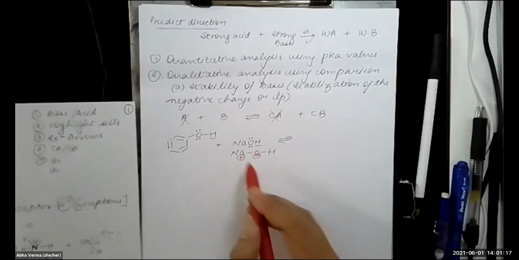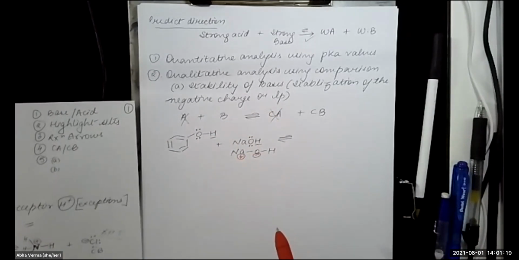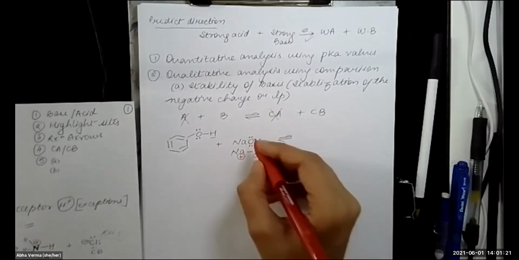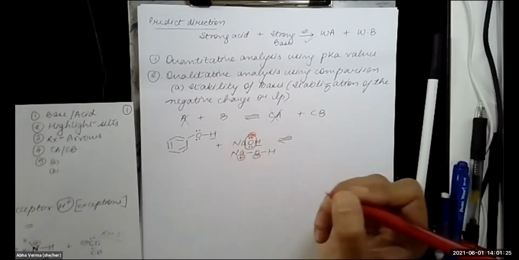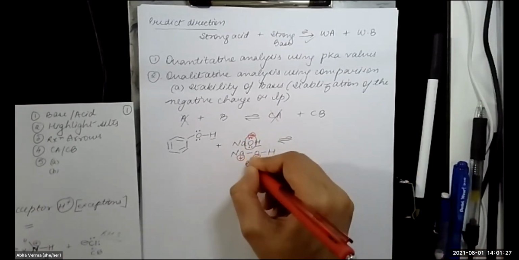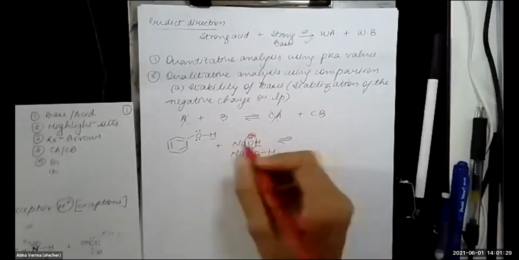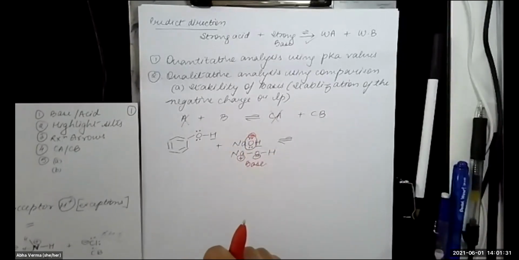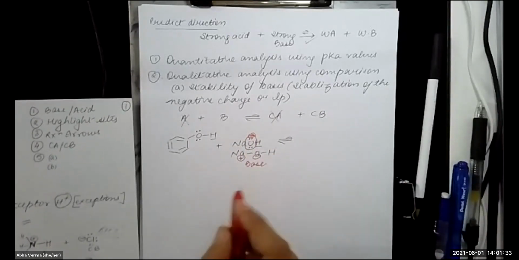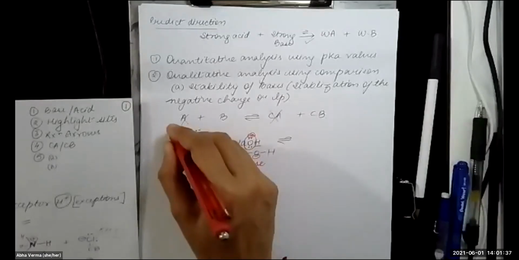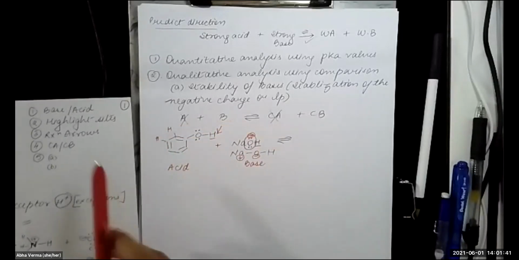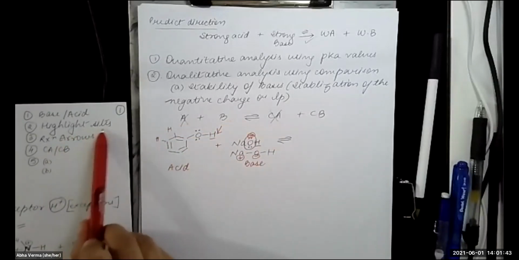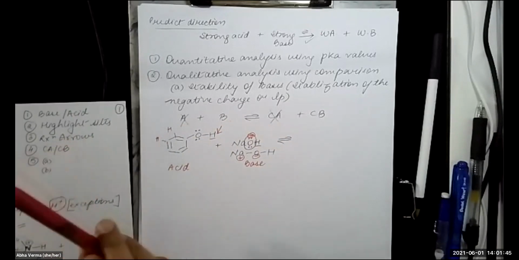Why the negative charge? Because of this counter ion. And so I know this molecule with a negative charge is going to be my basic atom, and this molecule will be my base, making this as my acid. Among all the hydrogens that are possible here, this is going to be my acidic site. Any questions so far?